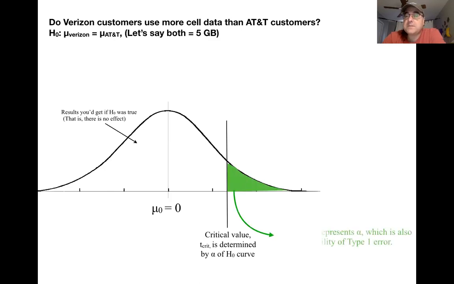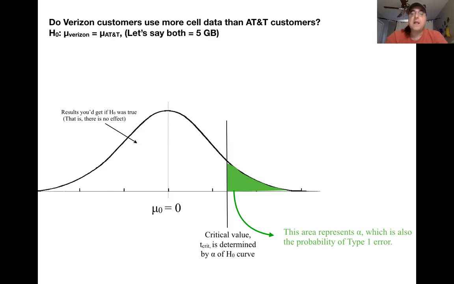This set of values, this area here, these are the extreme values that would cause you to reject the null hypothesis even when the null hypothesis is actually true. So alpha of the time, when the null hypothesis is true, you'll get an extreme result, and it would cause you to make the decision to reject the null.